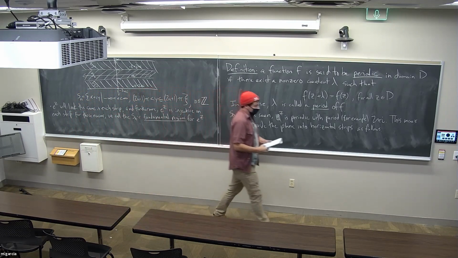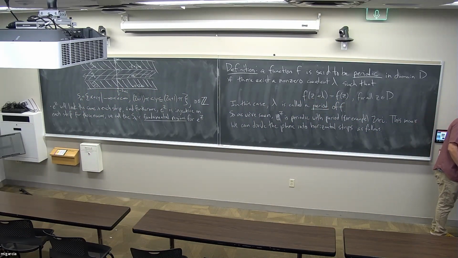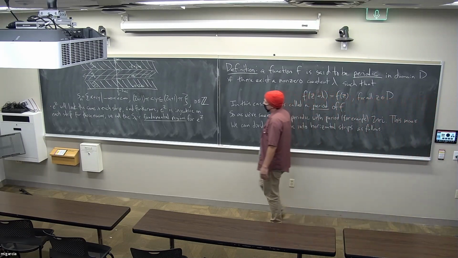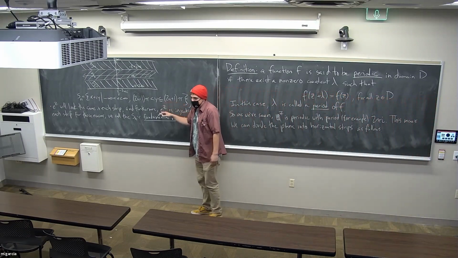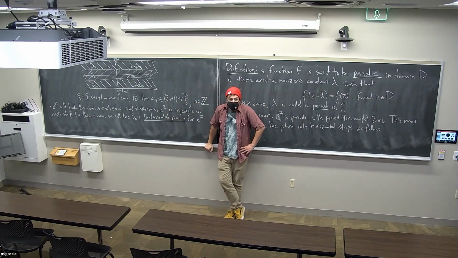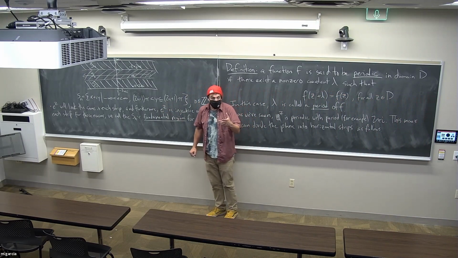Okay, so this is going to be thematic. Restricting the domain of e to the z to any one of these strips, S sub n, gives us an injective function. Why are injective functions important? Remember this from Calculus 1. Yeah, we can construct an inverse of an injective function.